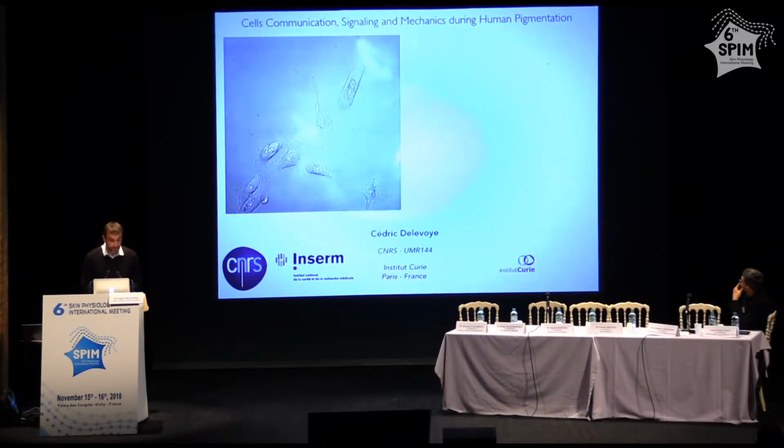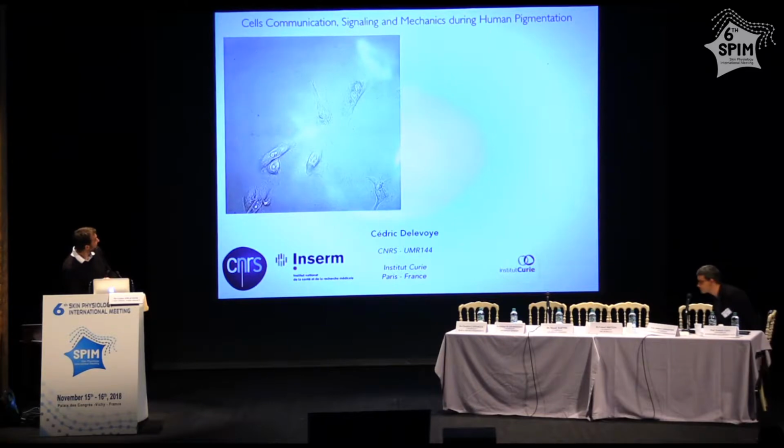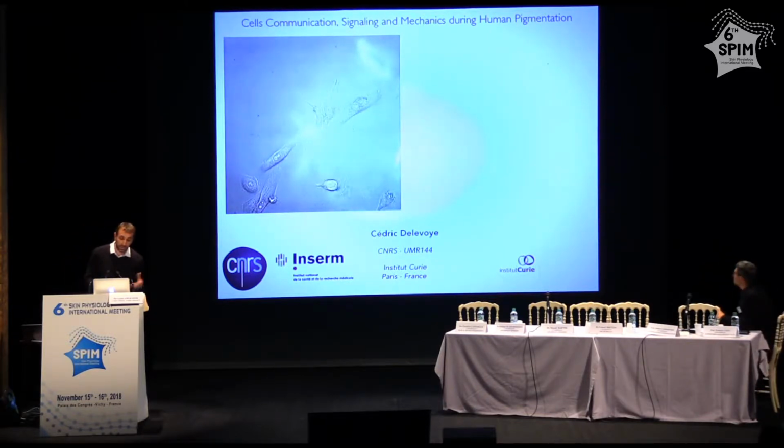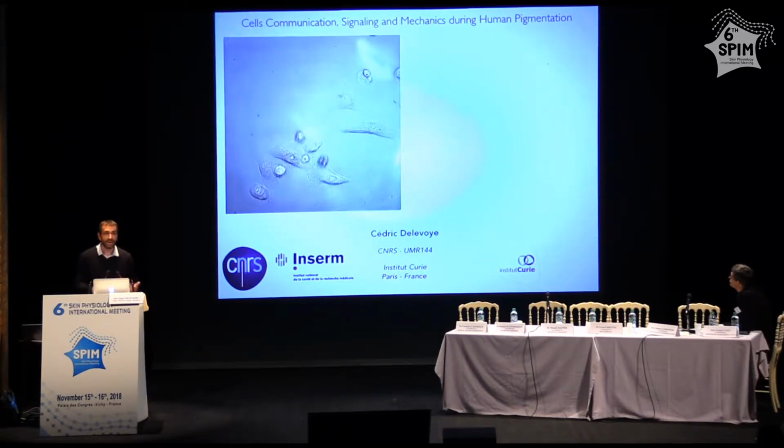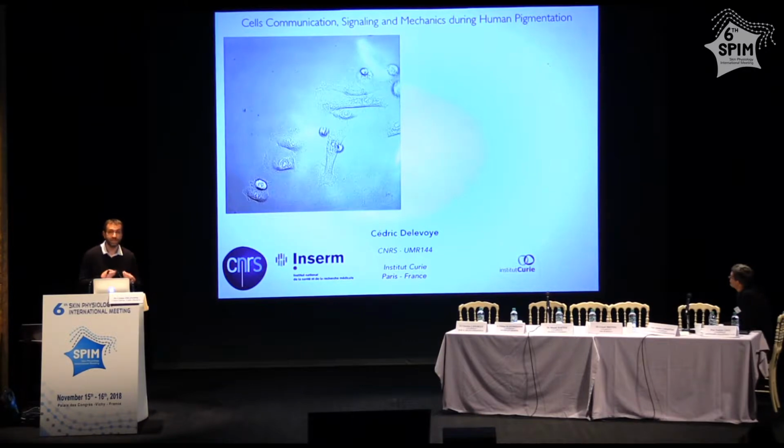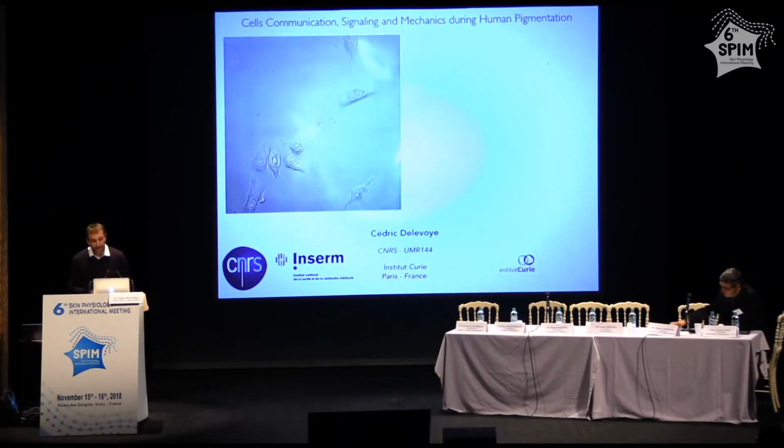When you look at this live cell movie, you can see that it's made of primary human melanocytes and keratinocytes. Clearly we can see that they try to touch each other to establish contact, they make projections, they are moving towards each other. So clearly there is a kind of dialogue that is established here, and they can somehow sense this dialogue.